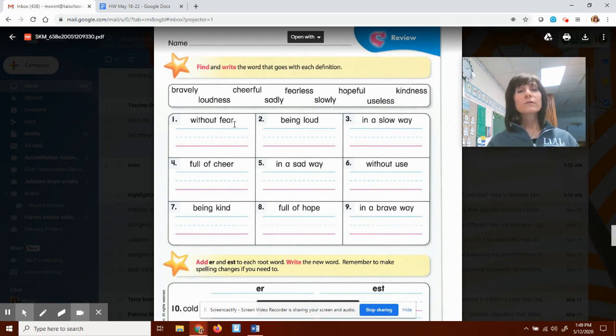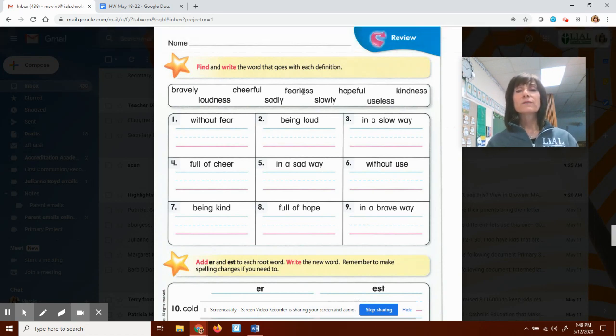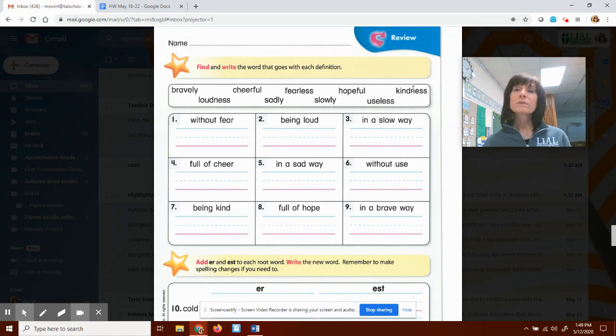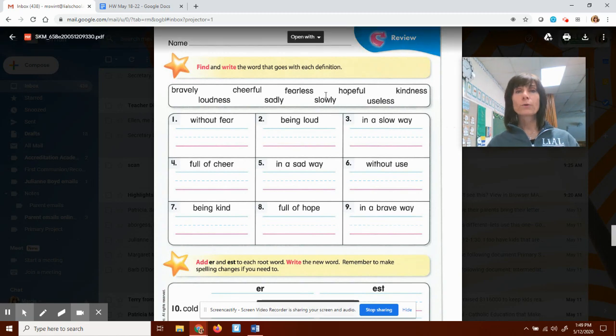So without fear would be fearless. Being loud might be loudness. So take a look at your choice of words in the word bank. Remember the root words or the base words, and then choose the one with the appropriate suffix.